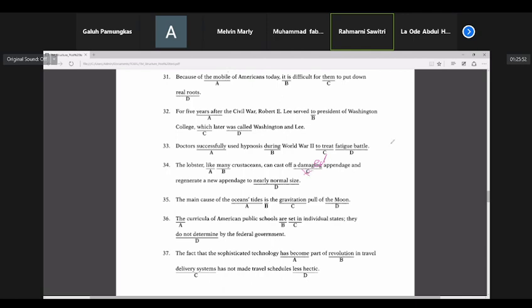And then number 35 we have Dwiki Hidayatullah. It should be "is the gravitational pull of the moon." That's correct. And then number 36 we have Bimo Sandi.